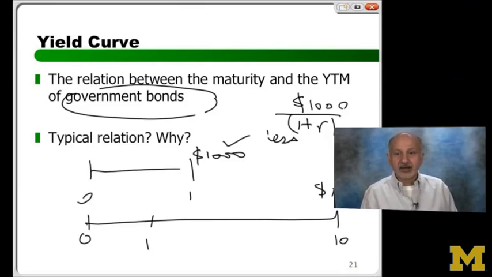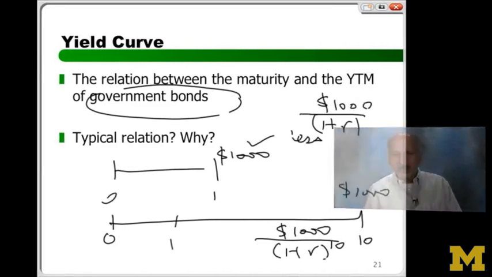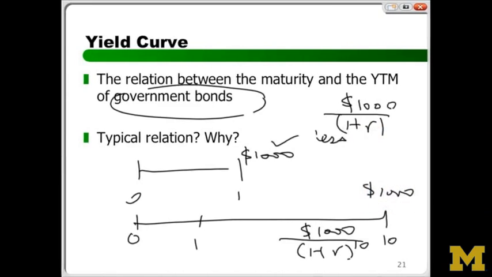And the reason is its price is simply 1,000 divided by 1 plus R. This price is 1,000 divided by 1 plus R raised to power 10. So imagine how R changes. For a government bond, which doesn't have much risk hopefully, the main reason R is changing is because of inflation.